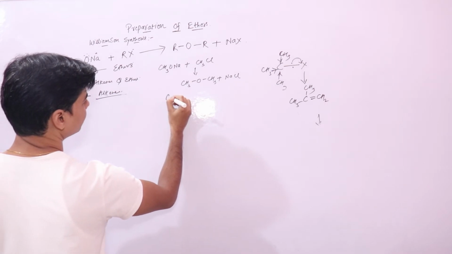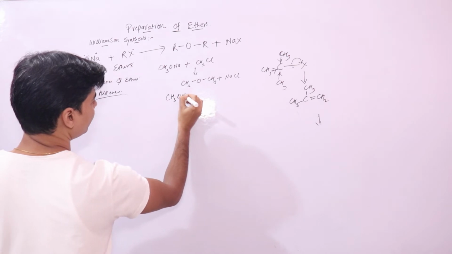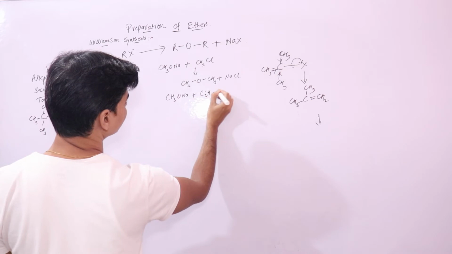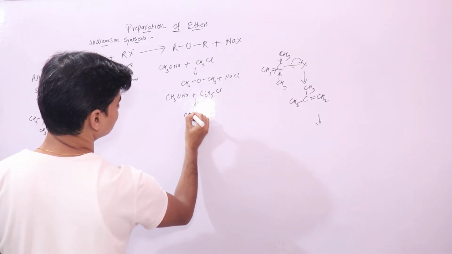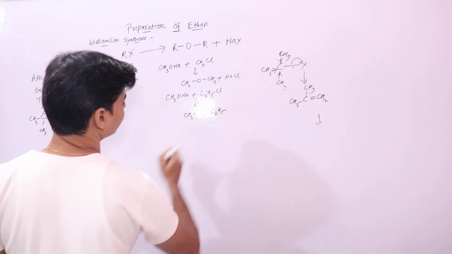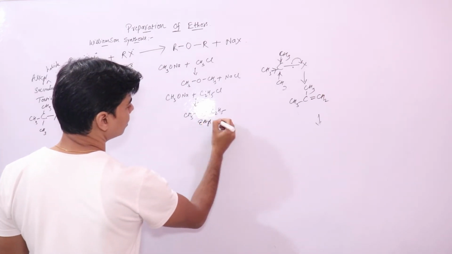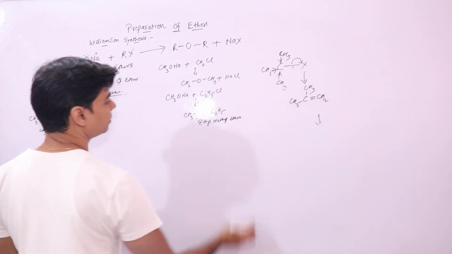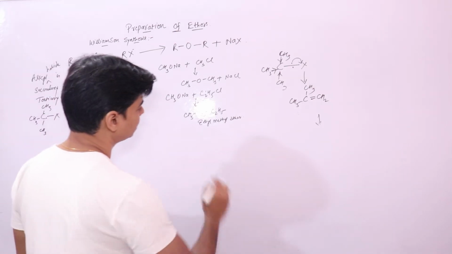Now if I take CH3ONa plus C2H5Cl, then the product that I will get is CH3OC2H5, this is your ethyl methyl ether, common name, or methoxyethane.